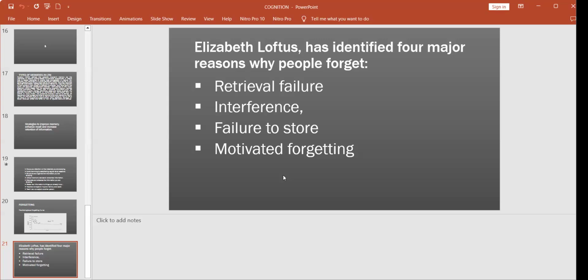Okay? And this child can't learn. Everything is forgotten because it's a traumatic experience being in the class. It's actually a defense mechanism when the situations are intense. Okay? So according to Elizabeth Loftus, these are the 4 reasons for forgetting.